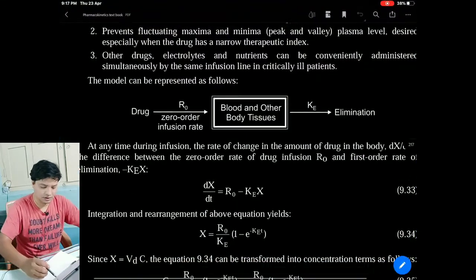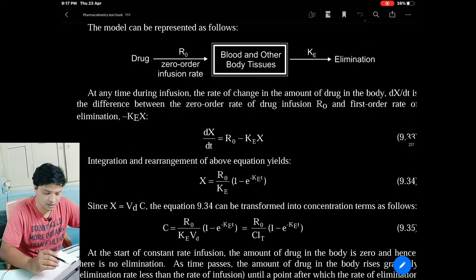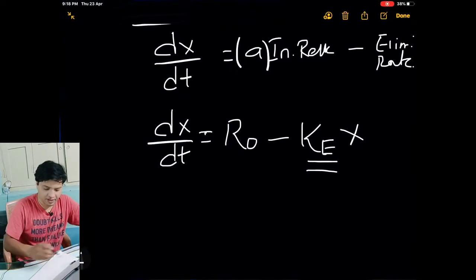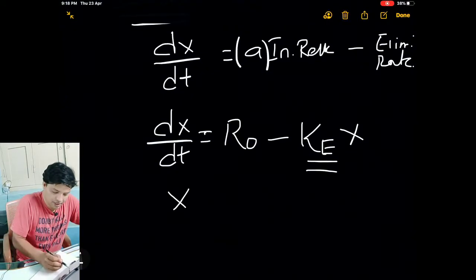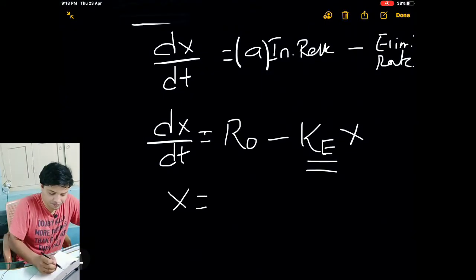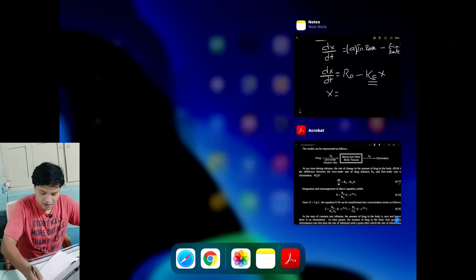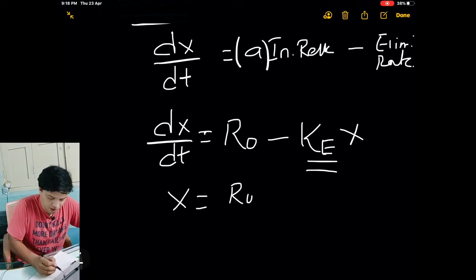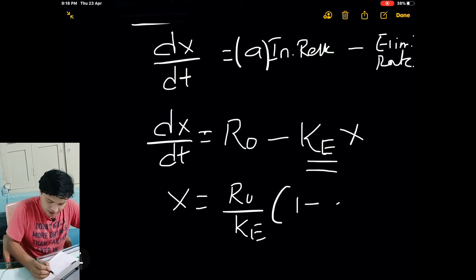See here, dX by dt is R naught minus KE into X. Upon integrating this equation, you will get X is equal to R naught by KE into 1 minus e to the power of minus KE t.